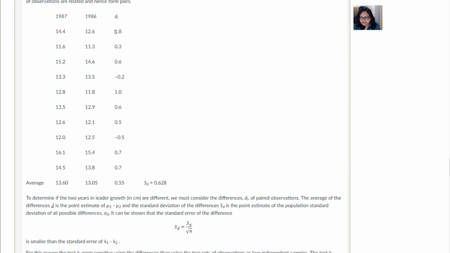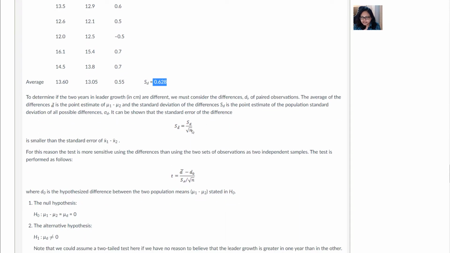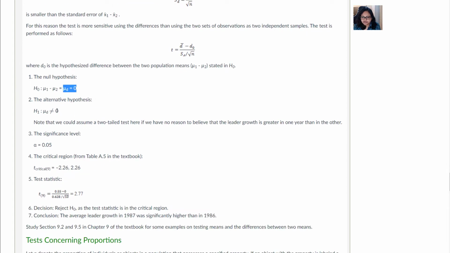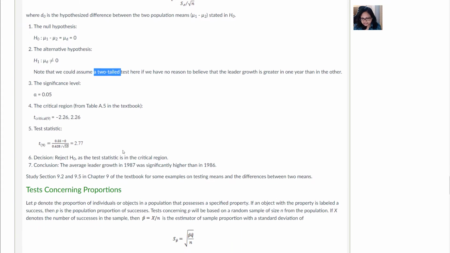You have to calculate the standard deviation of these values, and then divide by root over n, the sample size, then you can directly use that. So we say that the difference between them is 0 in the null hypothesis. Alternative hypothesis is not equal to 0, that means two-tailed, that means the critical region is on both sides.